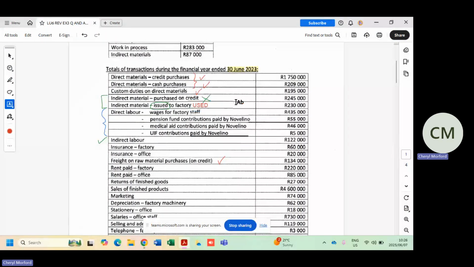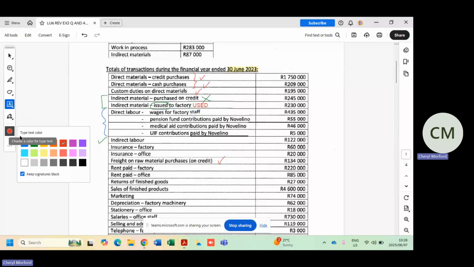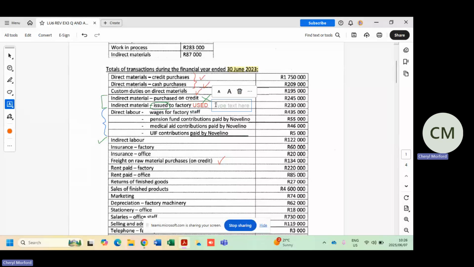Another way in which you can get this one presented to you, if you have a look at the various questions in the textbook, it might actually say this: consumable stores. Then you would use that amount.